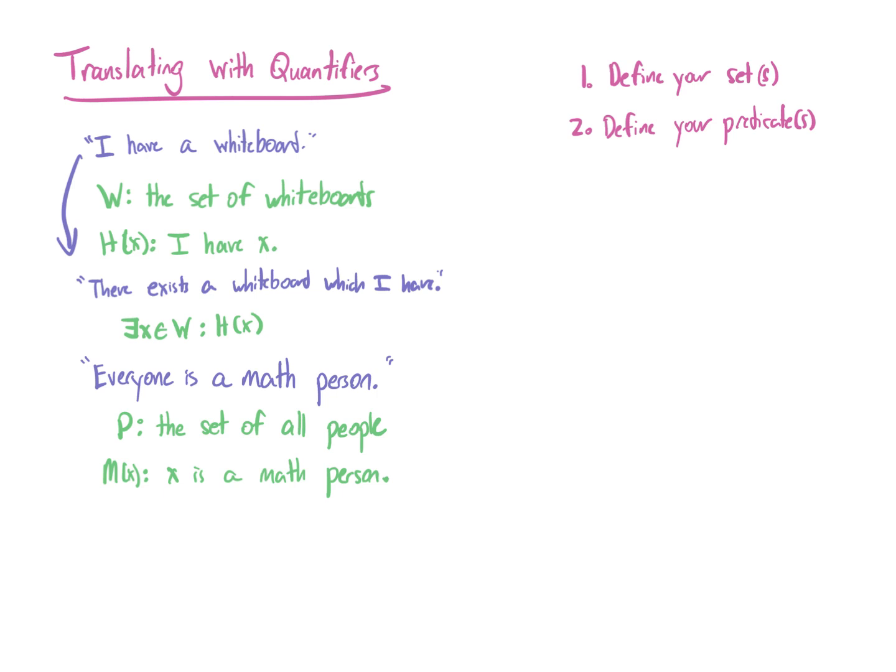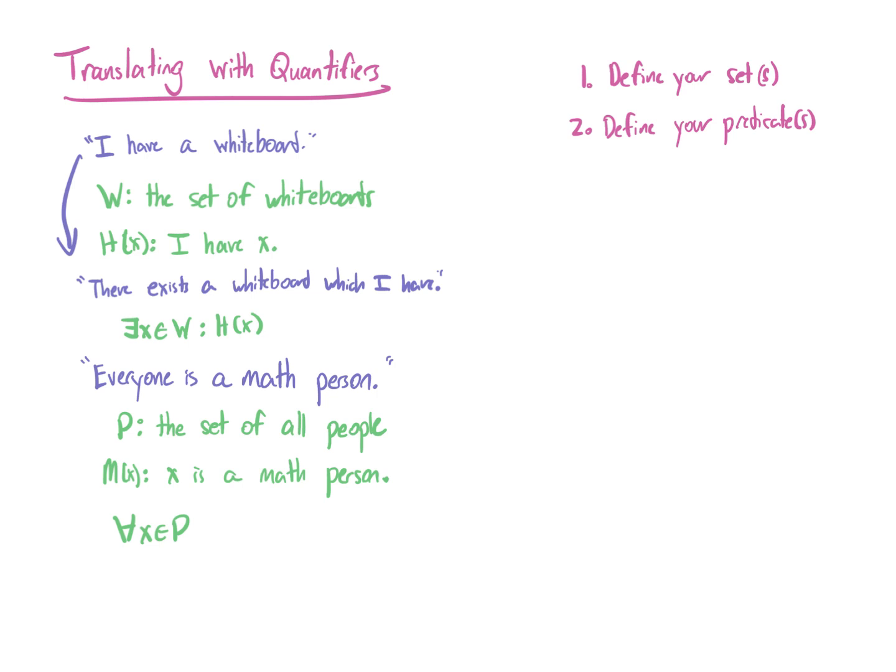Now if I need to, I can do some rephrasing, but I think this one we can just jump right into in order to express as a logical proposition. I'm saying everyone, so that sounds a little like for all. So I'm going to start writing for all X in P, so that's every element of the set of people, or another way to say that is every person.